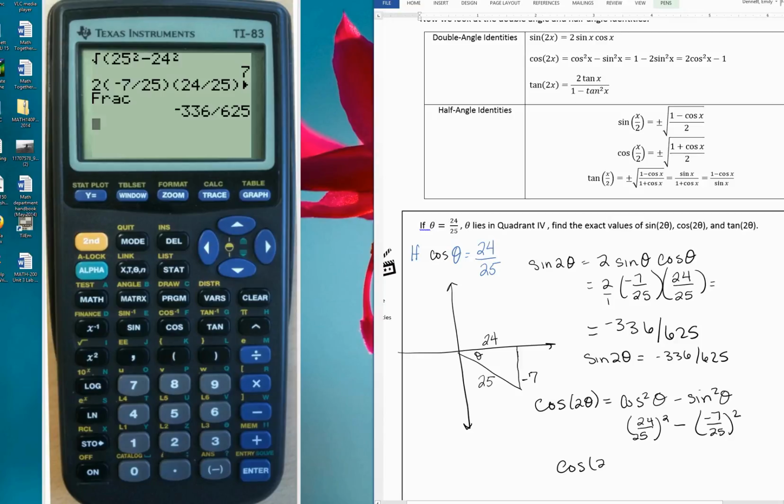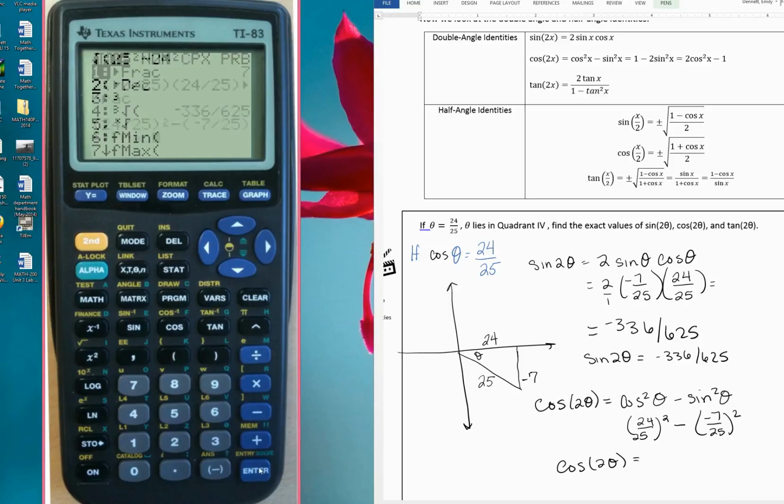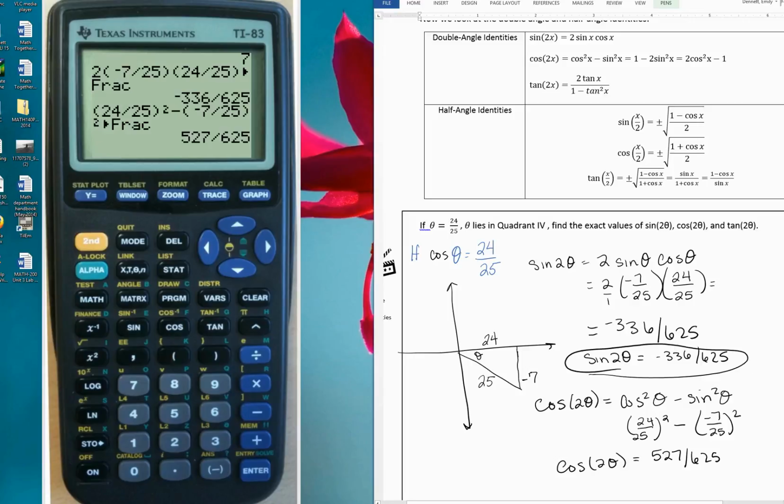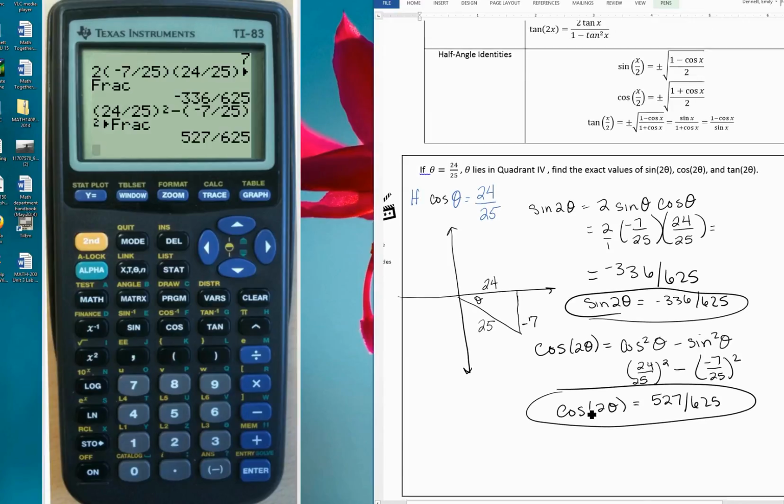So we can do this in our calculator, and cosine of 2 theta is equal to 527 over 625.